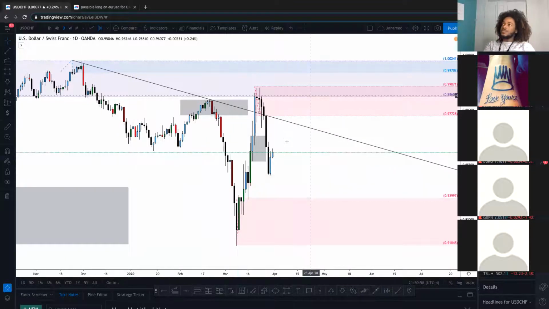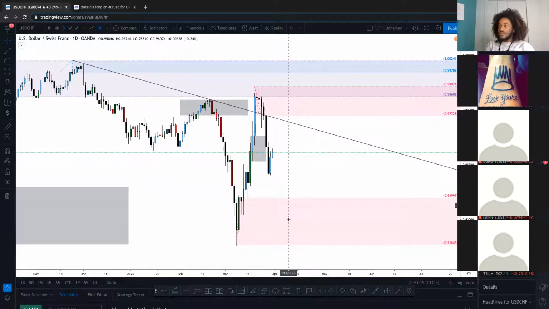We know this is the supply and demand curve, right? Basically, this is daily supply, this is daily demand. If the price comes up here, we could go short.